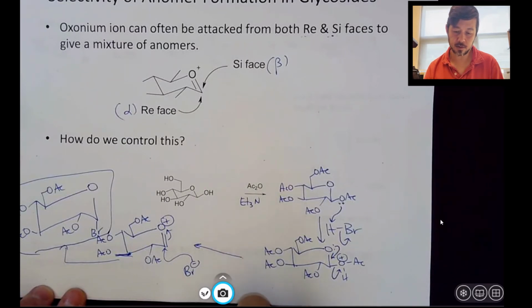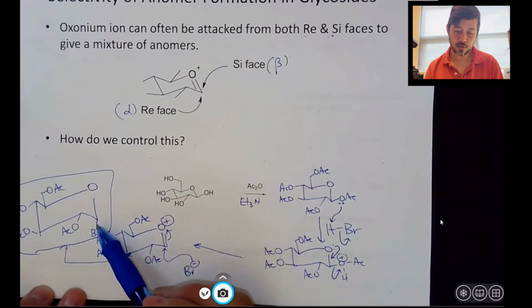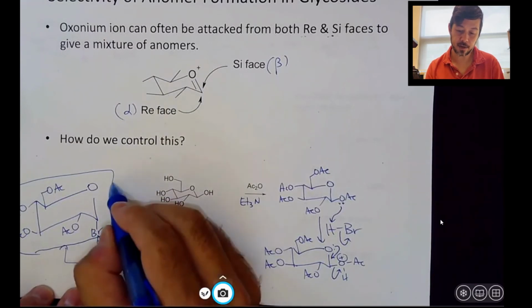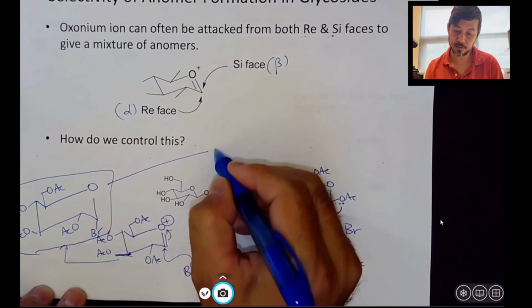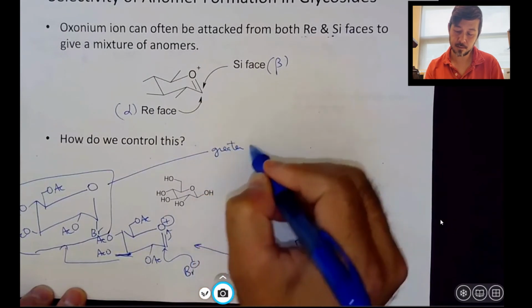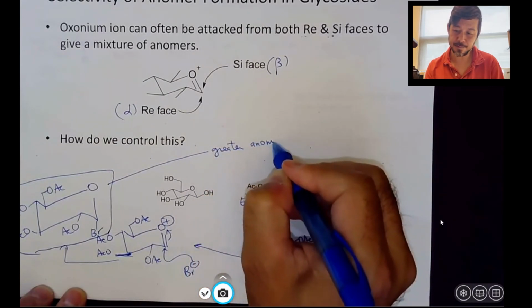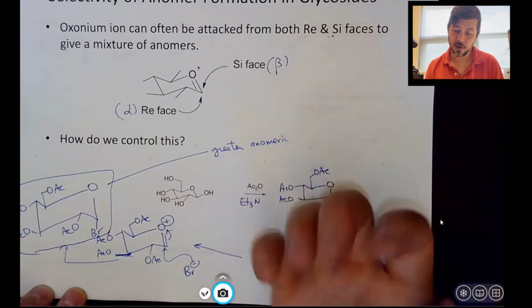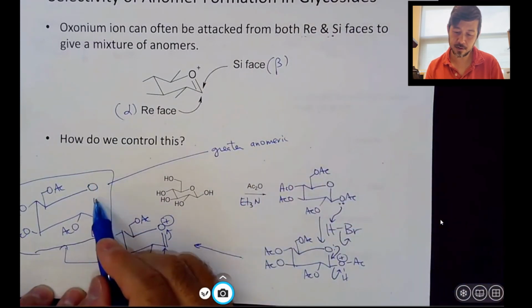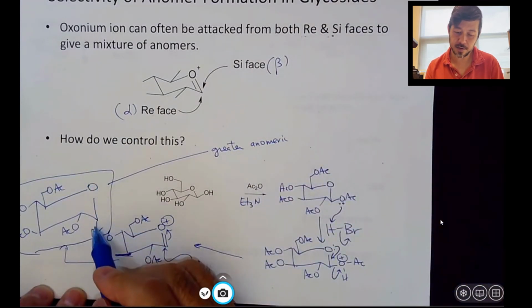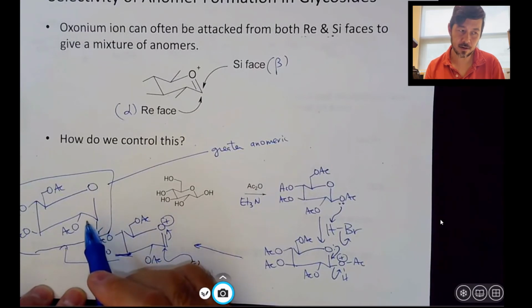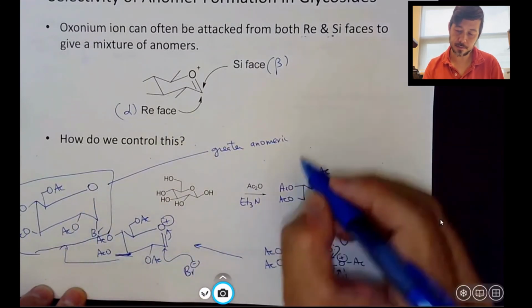They really want electron density. So you're getting a much stronger anomeric effect when you're using something more electronegative like a bromine compared to an oxygen. So you get a greater pull from these oxygen electrons here in stabilizing the carbon-bromine sigma star bond.